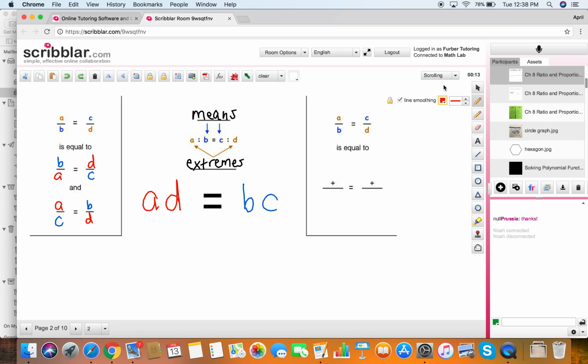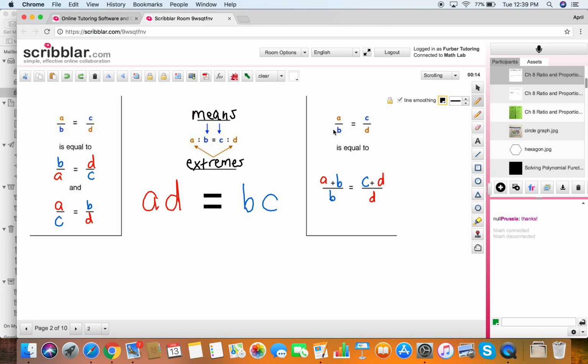And then there's one more way that we can write an equation that would be equal to this proportion. And that is going to involve us doing a little bit of adding. If I were to add the A plus the B, okay? They're up and down from each other right now. And write that over the B by itself, that would be a proportion that would be the same as C plus D divided by D. Now you'll notice something on this.